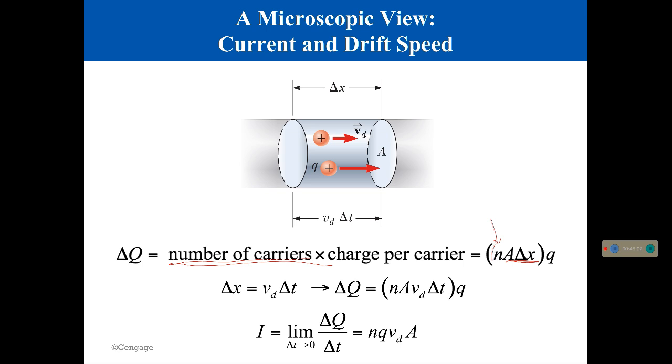Does it make sense that the drift velocity right here would have an impact on how much charge goes through? AKA, if I double how fast the current is going, should it double how much charge comes through? Yes. Even though that's a small number, it does in fact have an impact.